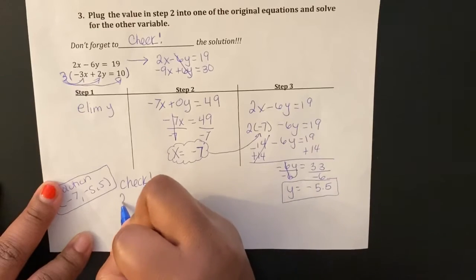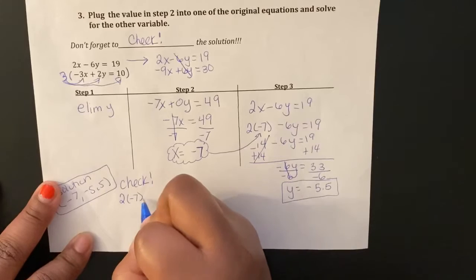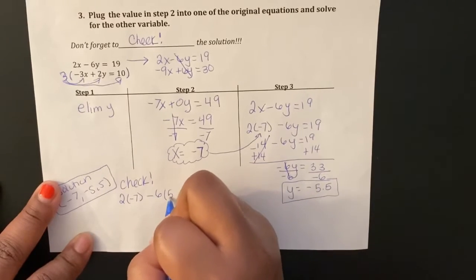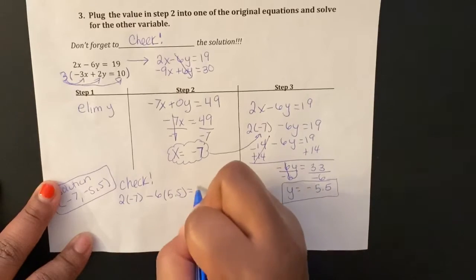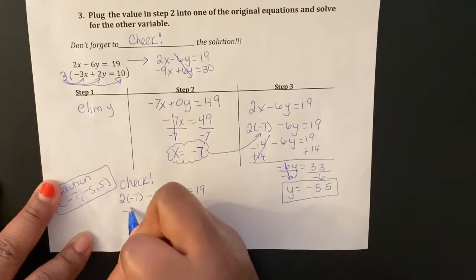So I have 2 times the negative 7 minus 6 times negative 5.5 equals 19. Well, 2 times negative 7 is negative 14.